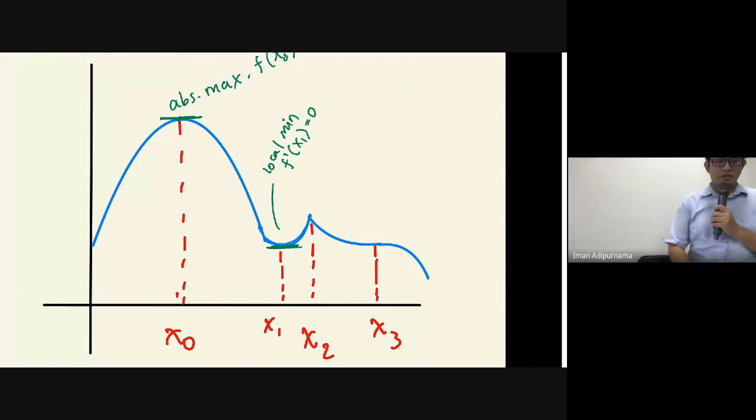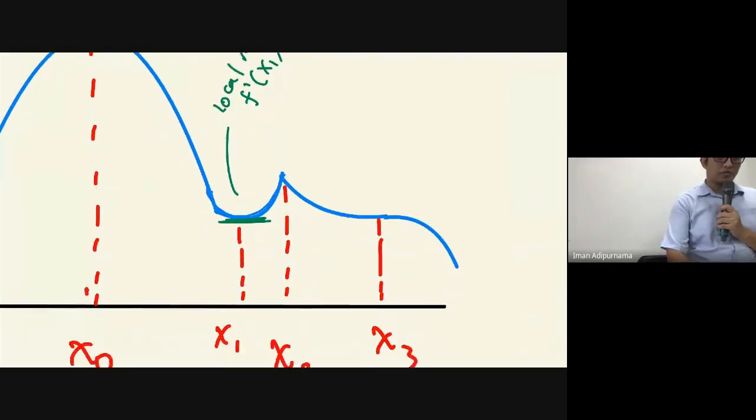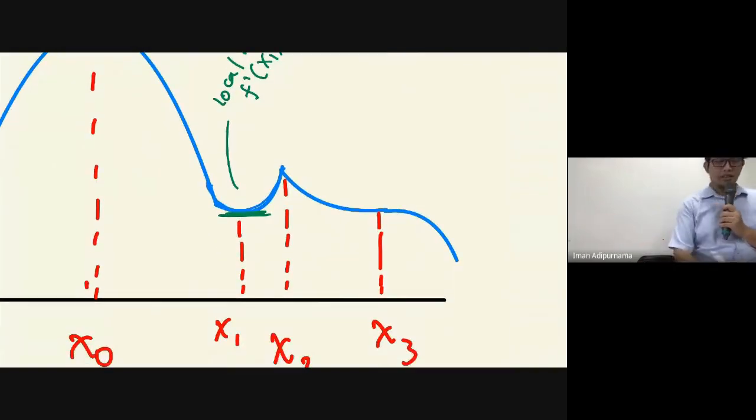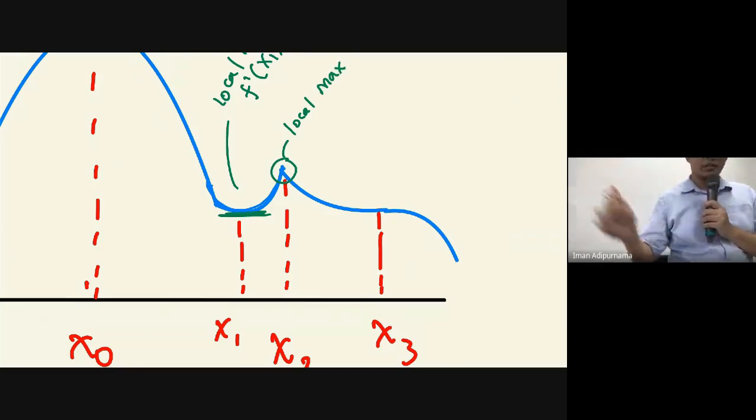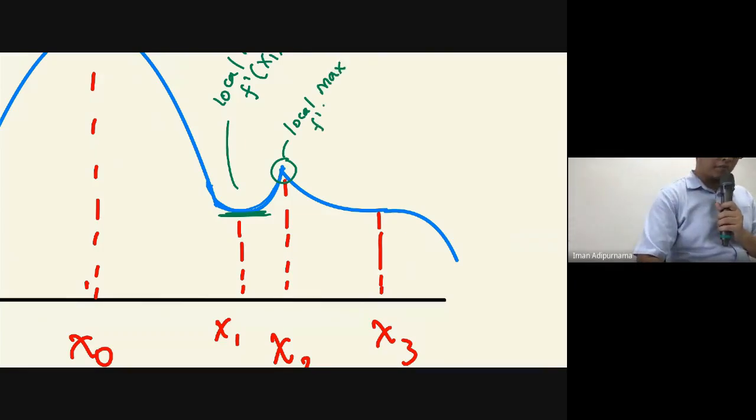Now we have x2. It's pointy, it has a pointy round thing. So this we still call local max. It's still a maximum point, but the f prime of x2 is undefined.